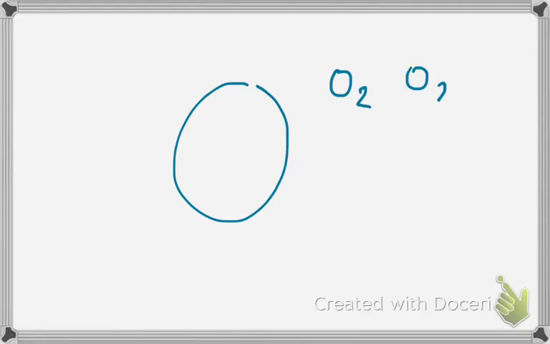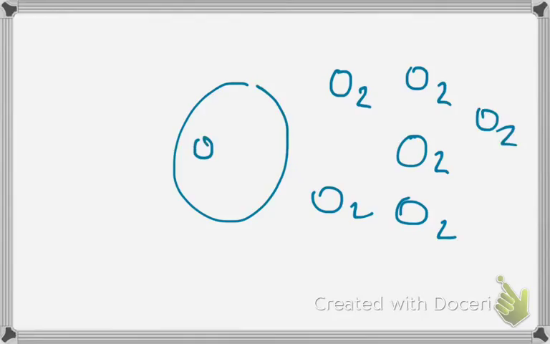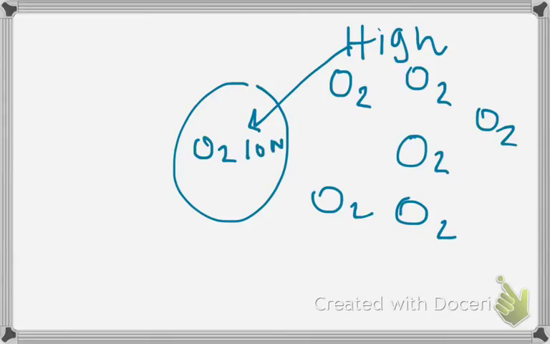Okay, so for example, let's draw this out. If here's your cell, and you have a whole bunch of oxygen molecules out here, and you only have one oxygen molecule on the inside, the oxygen molecules are going to move from a high concentration to the low concentration until they reach equilibrium, until there's an equal amount on both sides.